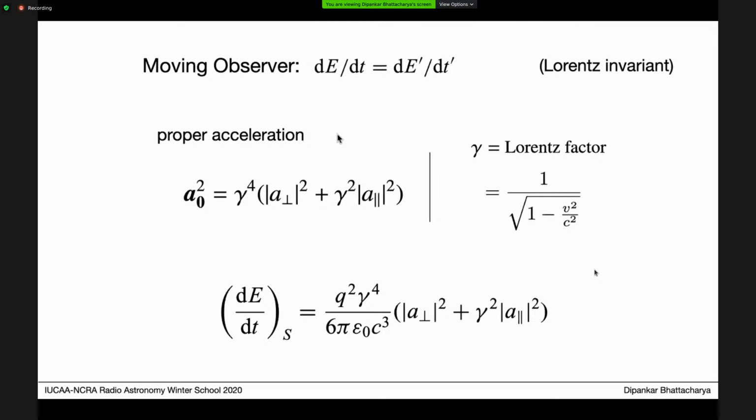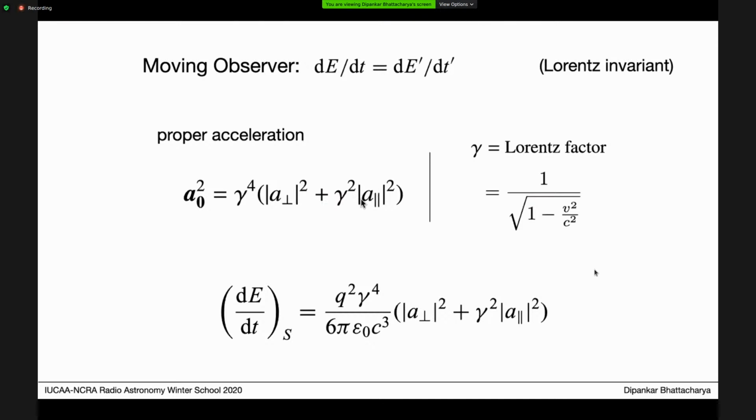Now, I said that the acceleration has to be expressed in the instantaneous rest frame of the charge. So that is a0, let us call it. But a moving observer measures acceleration with components a parallel along the relative motion and a perpendicular across the relative motion.